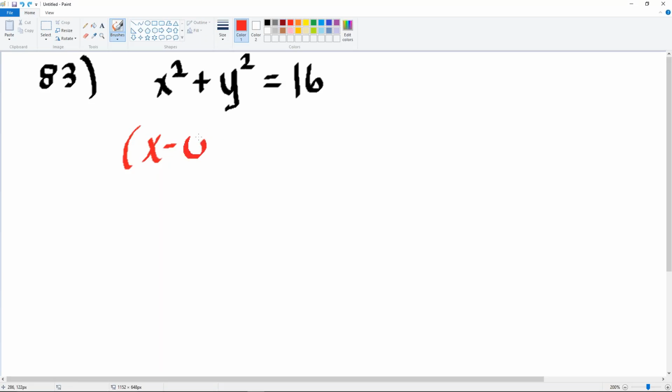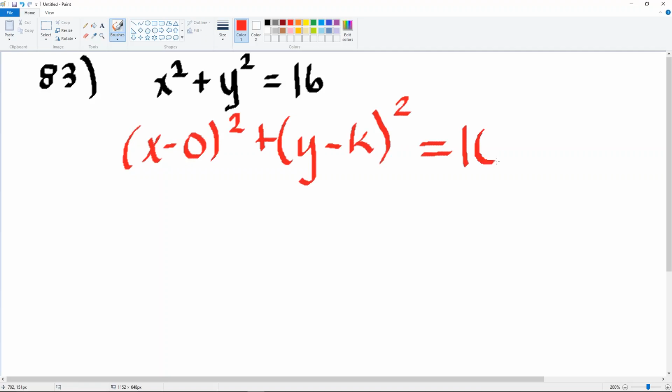x minus 0 squared plus y minus k squared is equal to 16, where this one here is your h, and this one, I don't know why I put that. Let me erase this one here.